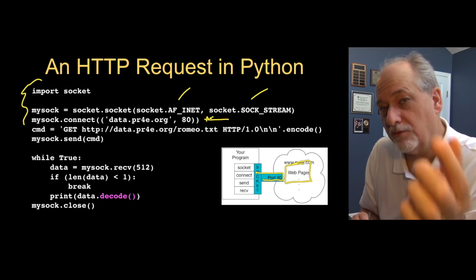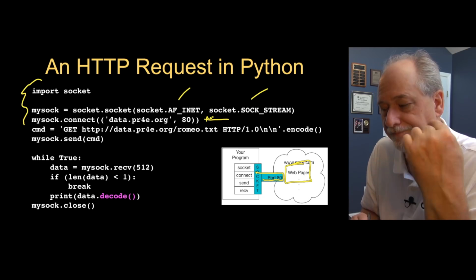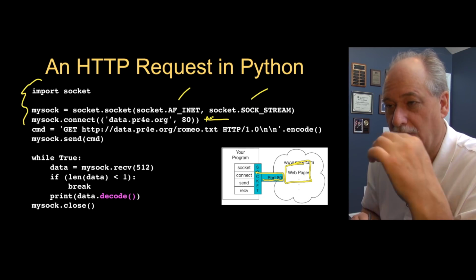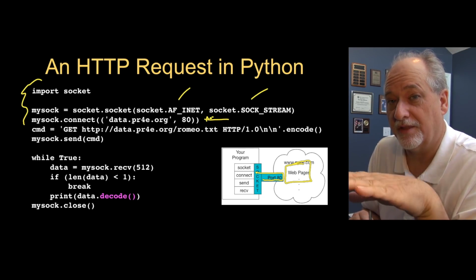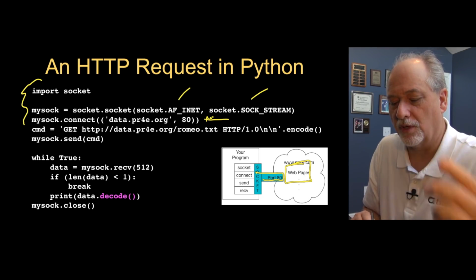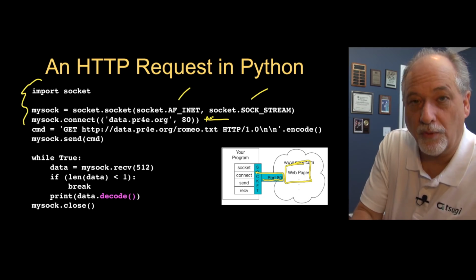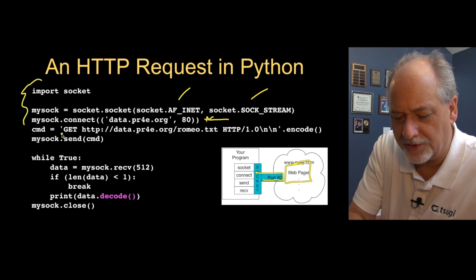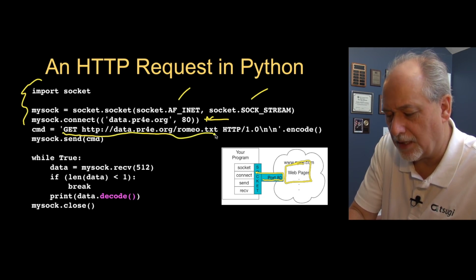Now, whether or not the remote side says hello or not is up to the application protocol. And in this case, the web servers say nothing, and they wait for you to talk first. So we're the web browser in this case, and so we're going to talk first. And we know, because we read the documentation, that we're going to send GET, the URL, space, HTTP/1.0, and then 2 new lines. Return, return.